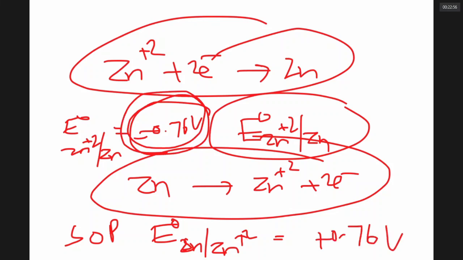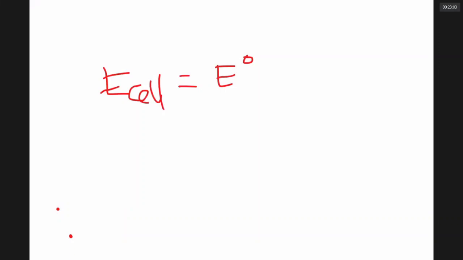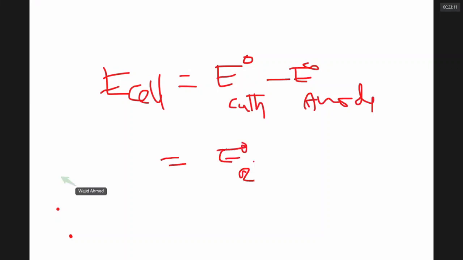In our relationship, E cell is equal to the standard reduction potential of cathode minus standard reduction potential of anode, that is E right minus E left.